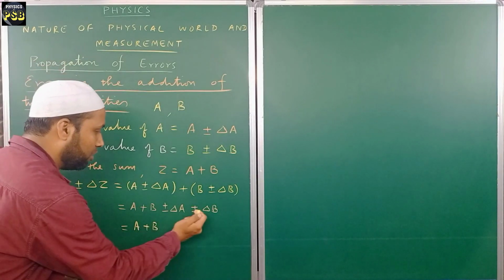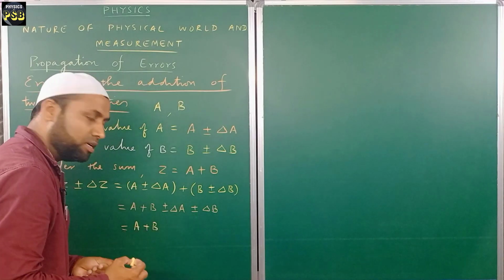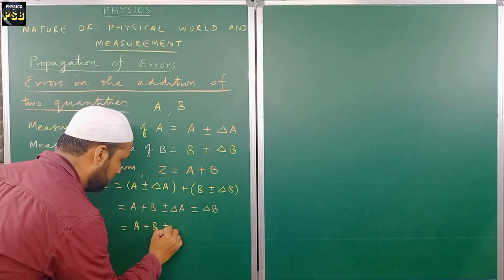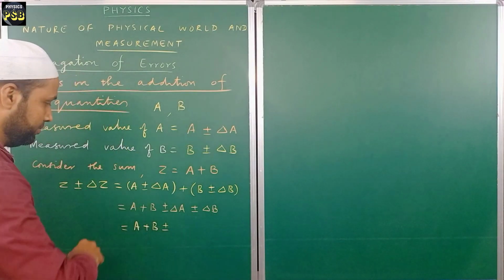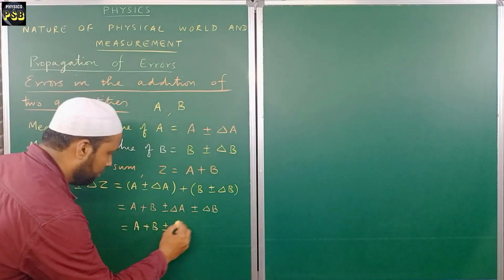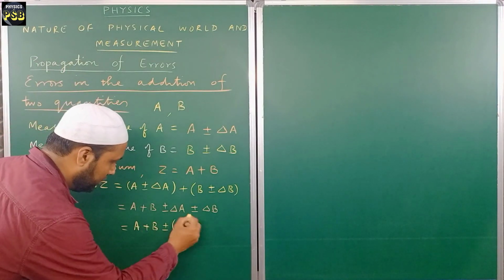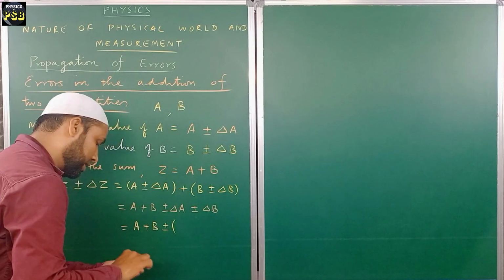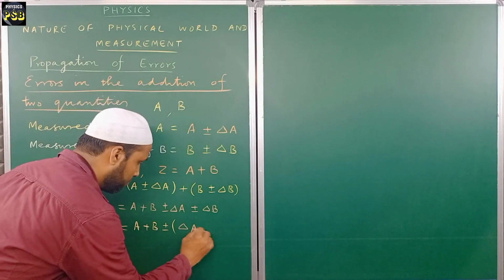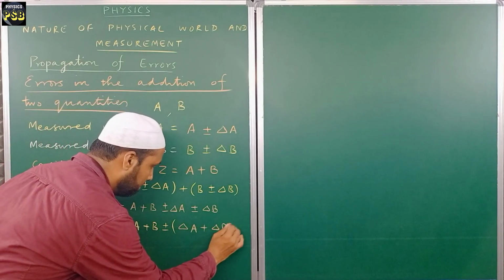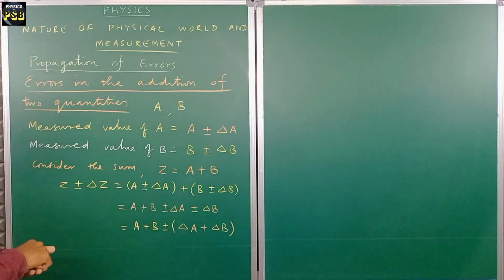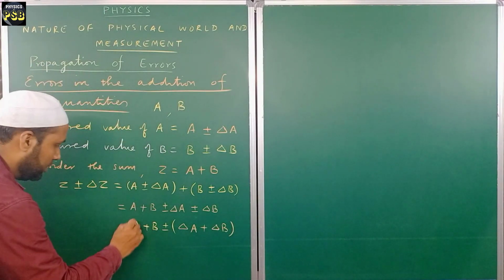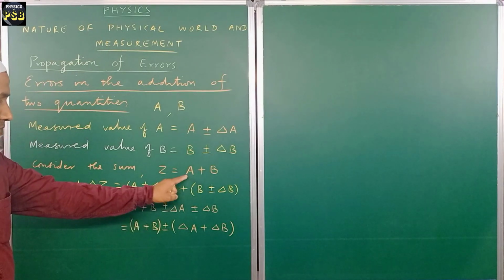Now I take out these plus or minus symbols common. When I take it common, I get delta A plus delta B. And here A plus B is nothing but Z.